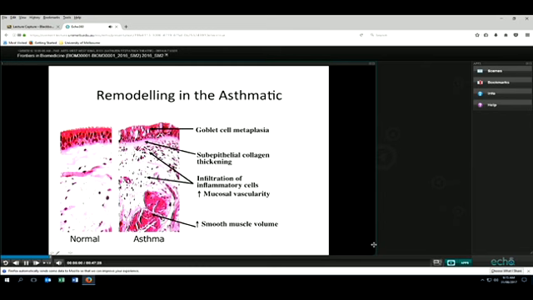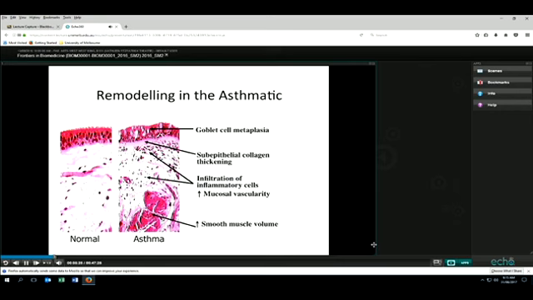There's a number of things that are illustrated here. The first is goblet cell hyperplasia or metaplasia in the epithelial lining, and that then obviously translates to mucus hypersecretion and cough for a number of people with chronic asthma. There's also a lot of subepithelial collagen deposition in people with chronic asthma, and this is the fibrosis that I mentioned on the previous slide.